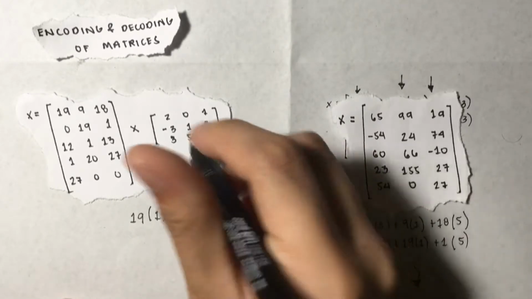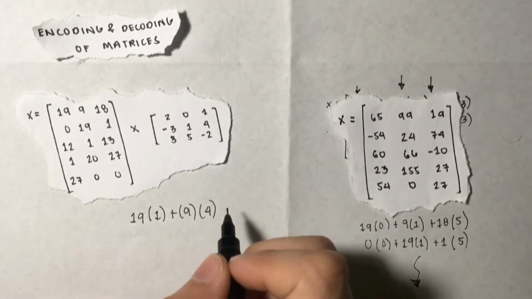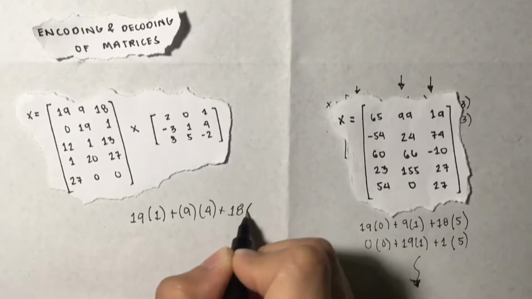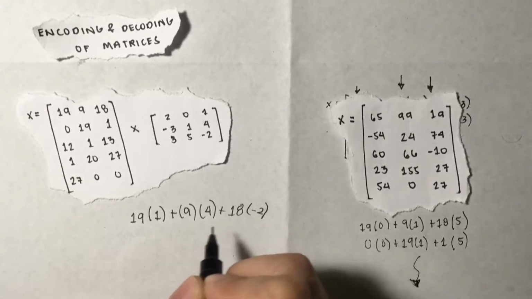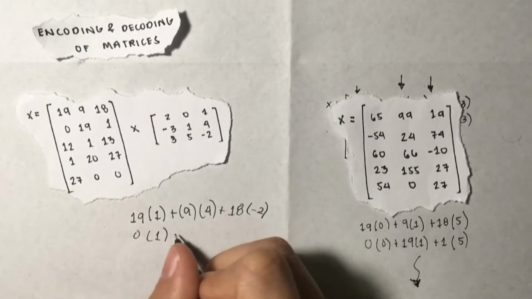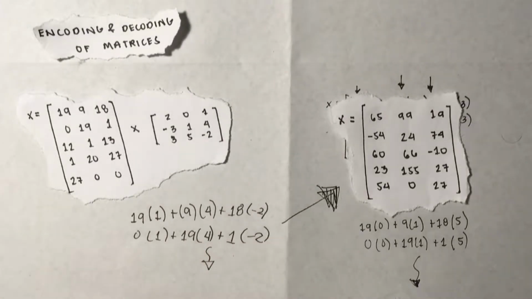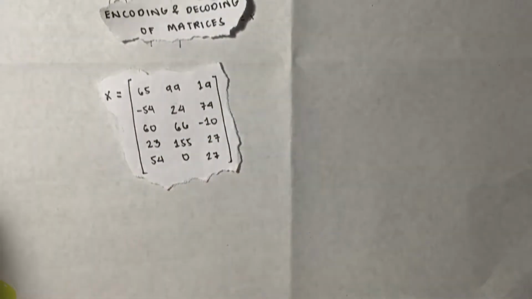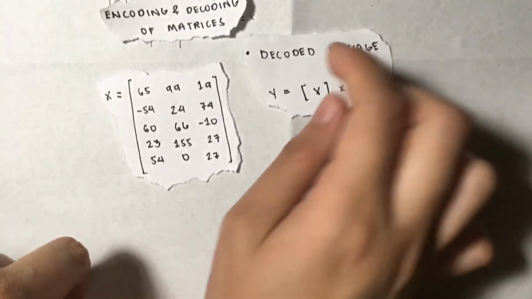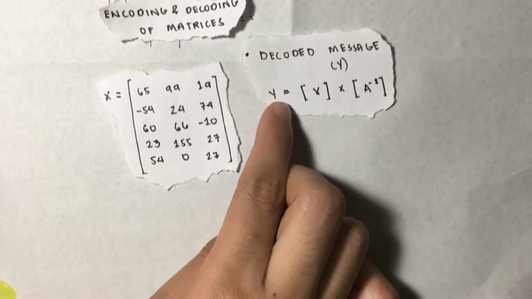Just to make it clear, we multiply the first number from the row by the first number from the column, and the second number from the row by the second number from the column. Okay, I hope I'm making sense right now. Until we finish the whole matrix. Moving on, we have completed the encoded message, so we have something to use for the decoding.